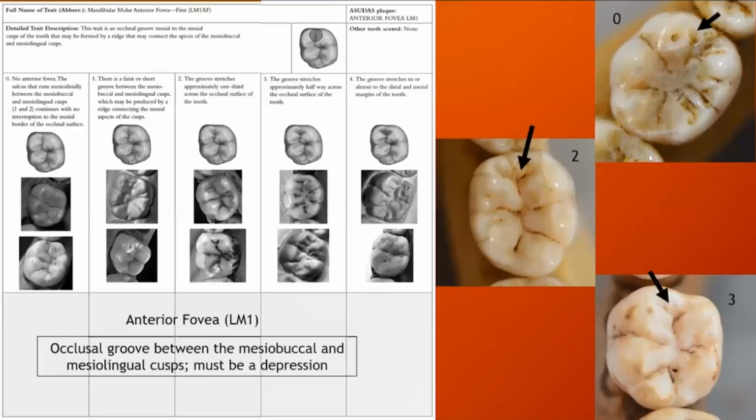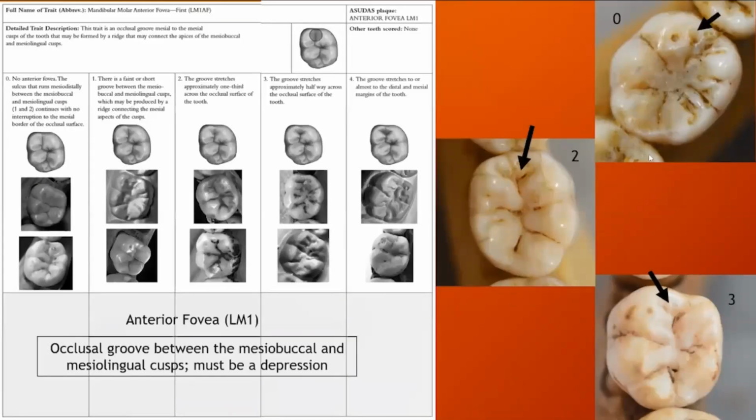The one that's a 2 is a little bit more of a deeper depression that's going through there. And the one that's a 3 is a little bit deeper than that. So this trait is scored 0 to 4, with 4 being the most pronounced expression of this. So it's going to be this deeper, wider groove stretching across the mesiobuccal and mesiolingual cusps.